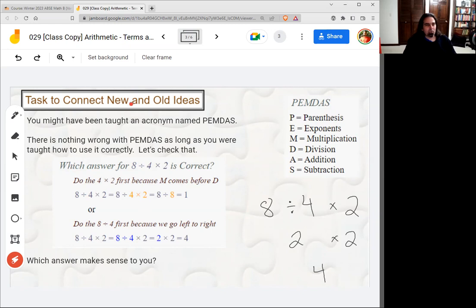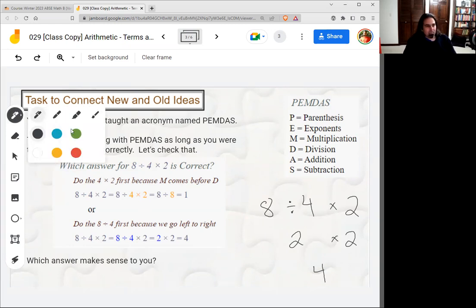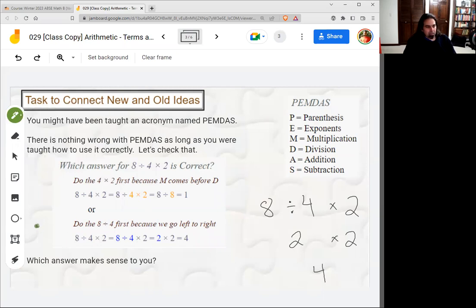Okay. So yes, that one is the right one. And if that surprises you, we need to talk about PEMDAS more.